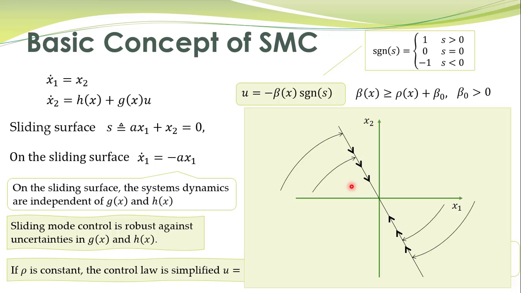The control law itself requires an upper bound on the uncertain functions. Therefore, the control law is itself also robust. Is that clear? Corresponding to some other initial condition, for example, these initial conditions, the control law will also bring it to the sliding surface, and on the sliding surface the trajectories will automatically converge to the equilibrium point.